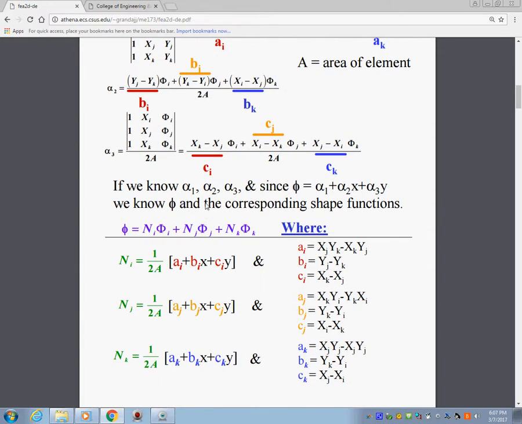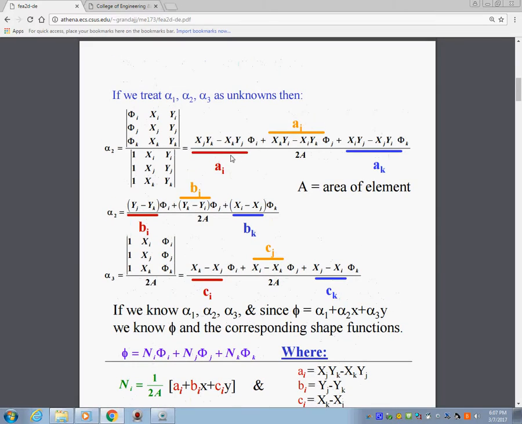So if we know these coefficients, alpha 1, alpha 2, and alpha 3, since we know the form of the solution, which is a plane, we know the corresponding shape functions because the solution now is going to become like it is in here. See this factor right here times phi sub i, this factor times phi sub j, and this factor times phi sub k.